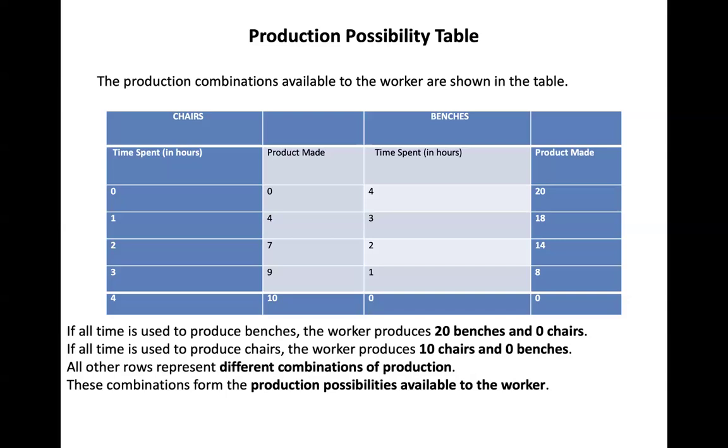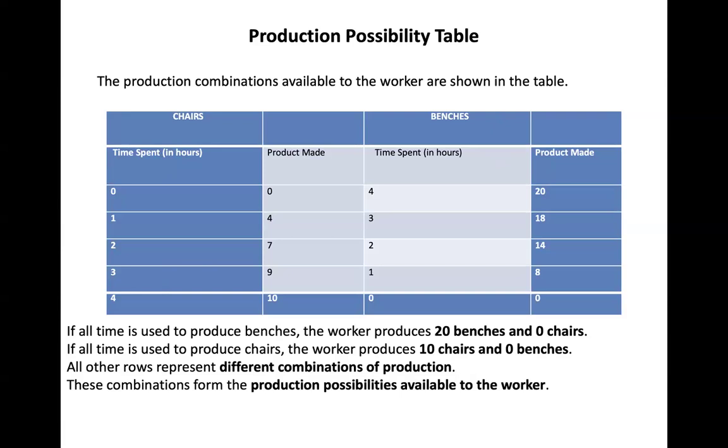I'm asking this because for the chairs, when you come to the 1 hour, the time spent in hours, the 1 hour was used to produce 4 chairs, and then for the benches, 3 hours was used to produce 18 benches.